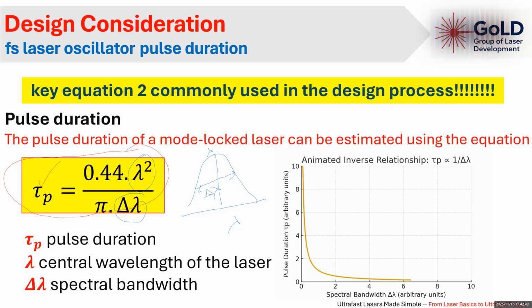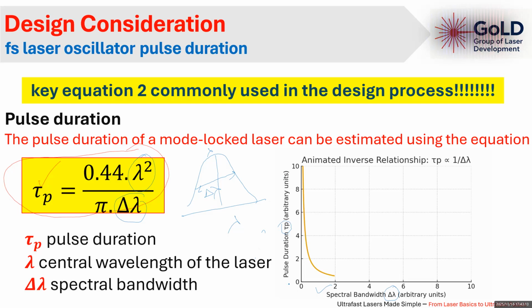Now, if you see on the right side, what this plot is showing: on the x-axis, it's the spectral bandwidth. And on the y-axis, you see the pulse duration.